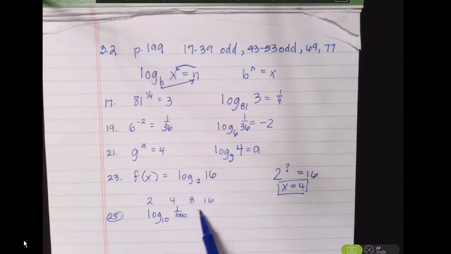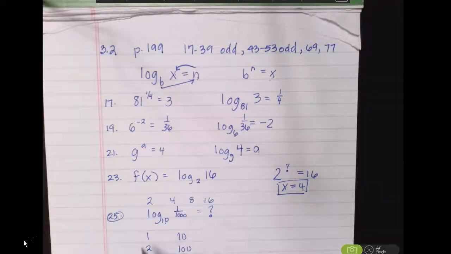For number 25, I've got the log base 10 of x, and x is 1/1000th. So basically I'm saying 10 to the what power gives me 1/1000th. And now you guys, if you don't do exponents in your head, you're at a little bit of a disadvantage. But let's just count by powers of 10. So 10 to the 1st is 10, 10 squared is 100, 10 to the 3rd is 1,000.